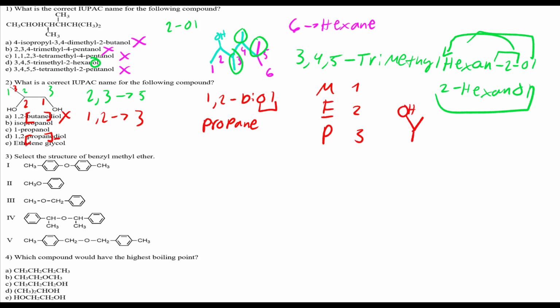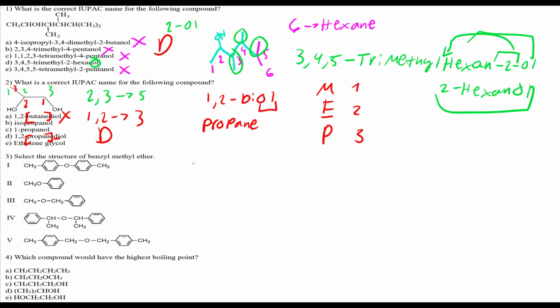That doesn't make any sense to me, and it shouldn't make any sense to you either. And ethylene glycol, well, we haven't really dealt with glycols yet, so it's a safe bet to say that it's not the correct answer choice. Therefore, D has to be the correct answer choice. Right, so we have 1, 2, propane diol as our answer choice.